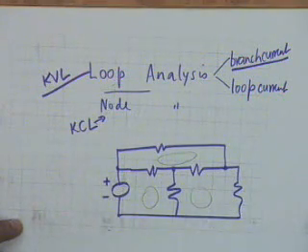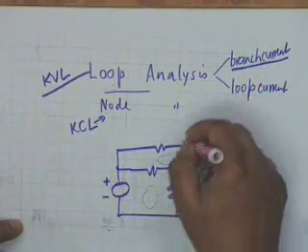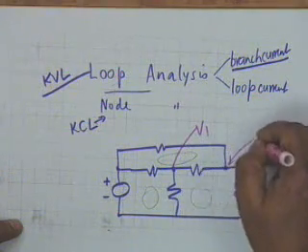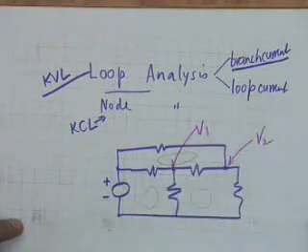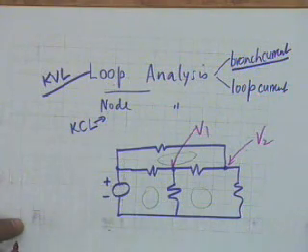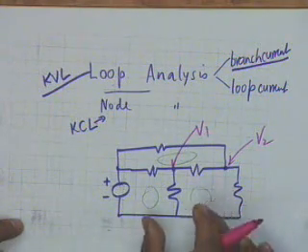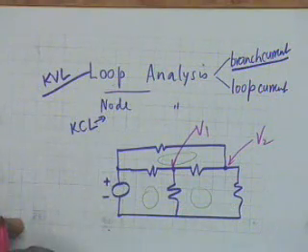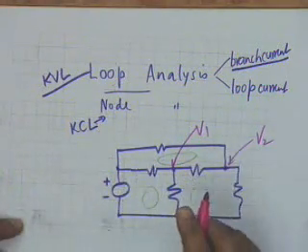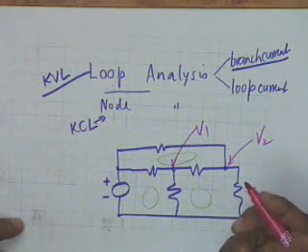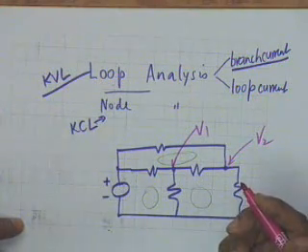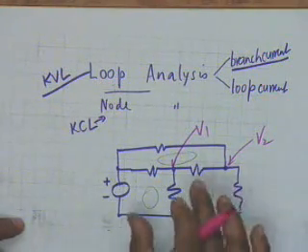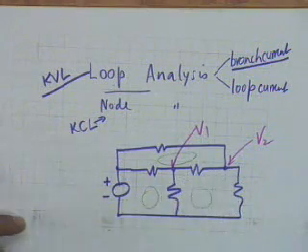On the other hand, if you take node analysis, then all that you have to do is to find these 2 node voltages, V1 and V2. And therefore, one shall consist of a 3 by 3 matrix, determinant of 3 by 3, and the other shall consist of 2 by 2. Obviously, node analysis shall be preferable in this context. And this decision you have to make.